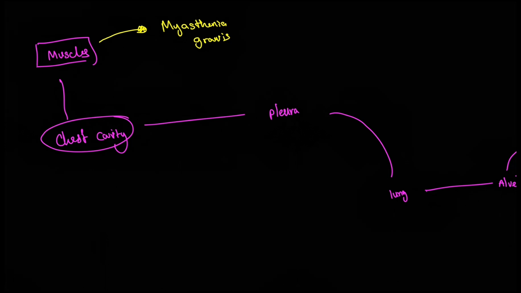During normal expiration, because of the elastic recoil of the lungs, the lungs collapse by themselves, like they compress by themselves.